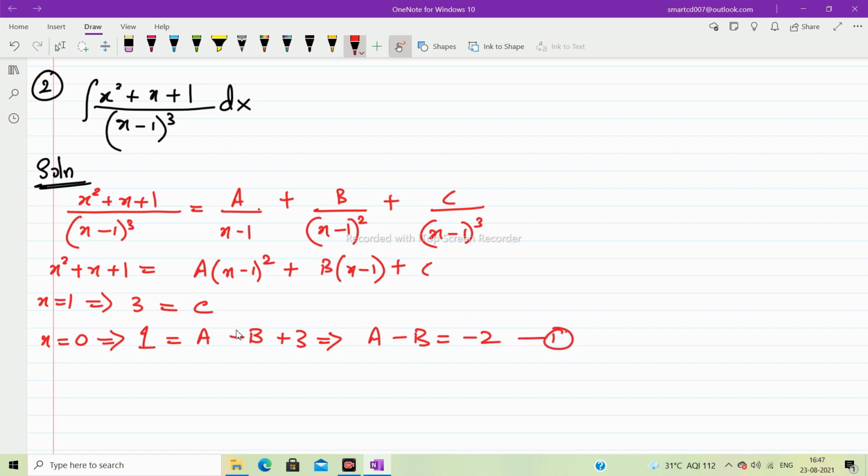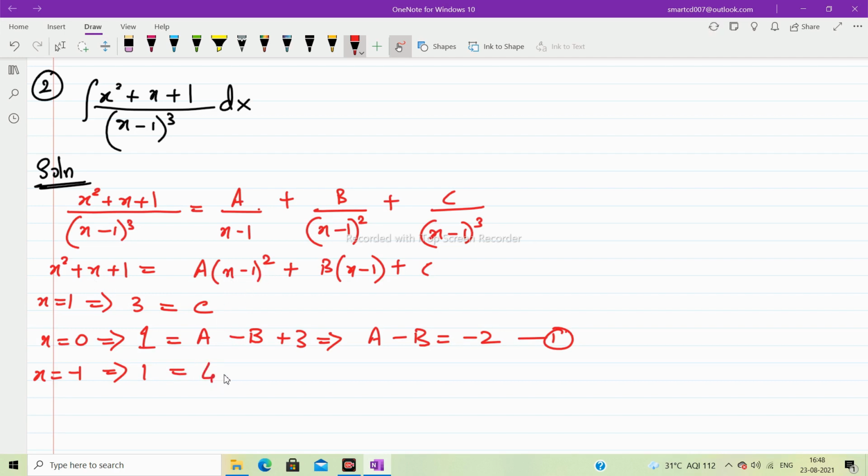Okay. Now let's put another value of x. So let's say I put the value as minus 1. So if I do that, I'll have 1, so minus 1 plus 1 will get cancelled. If I put minus 1, it will be minus 1 minus 1, so that is minus 2 square.